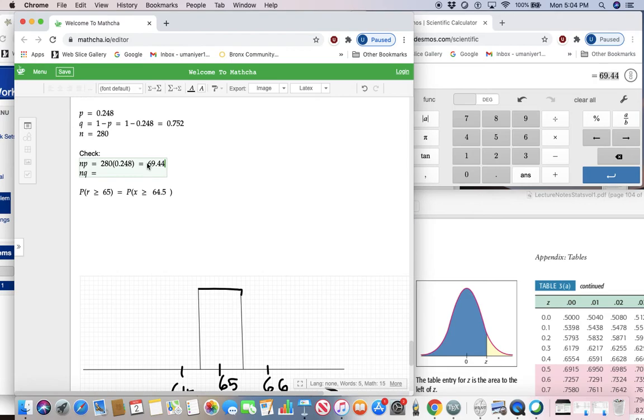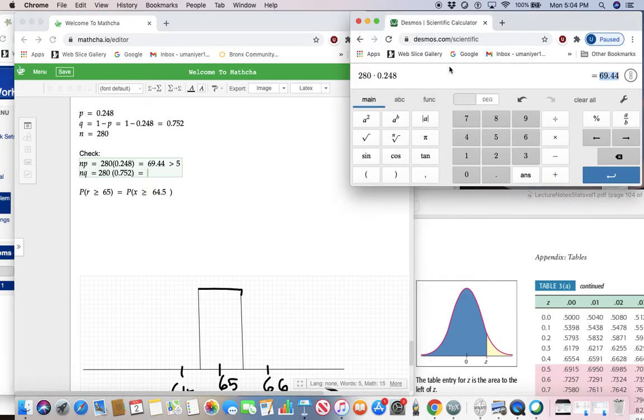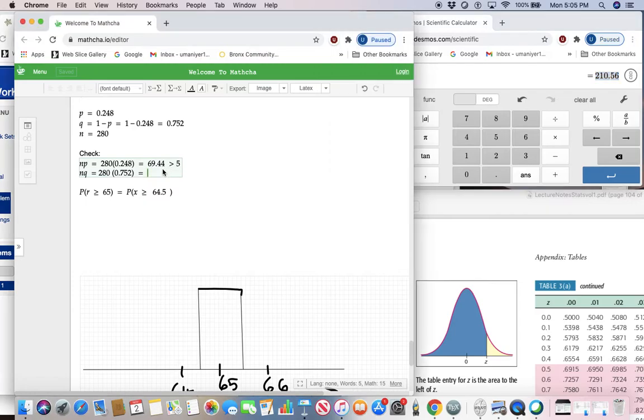What is a good number? I want it to be greater than 5. That's all. Now check again with q. 280 times 0.752 is 210, which is even better, because it's greater than 5.